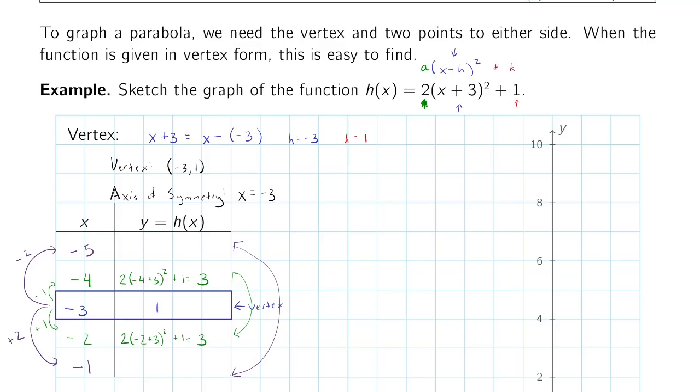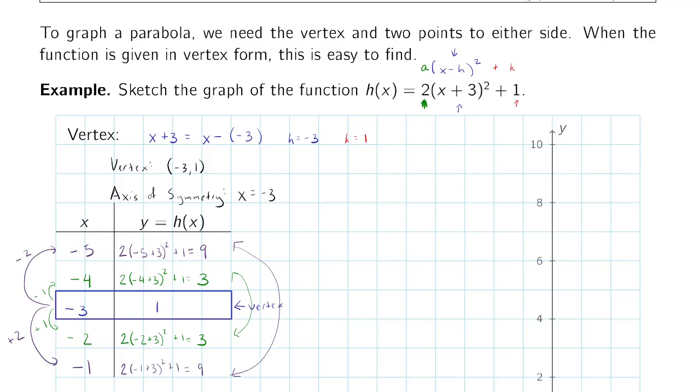And that's also going to be positive 3, which is what we hoped would happen. In taking h of negative 5, we'll have 2 times (negative 5 plus 3) squared plus 1, which is going to work out to positive 9. And down here we'll have 2 times (negative 1 plus 3) squared plus 1. Also works out to positive 9.